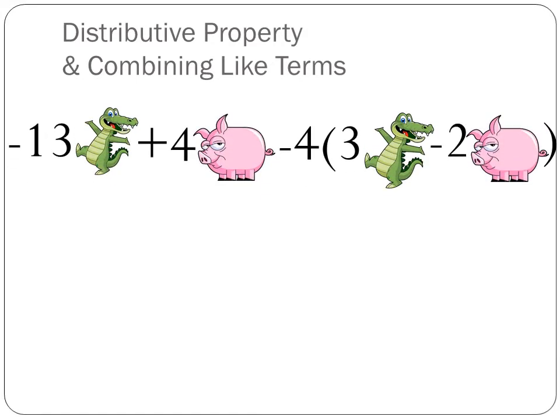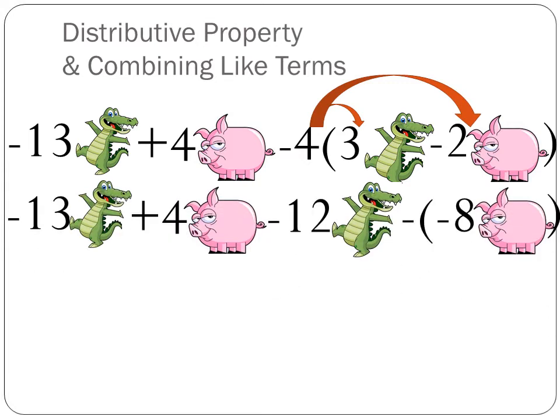Let's try this one. So I have negative 13 dragons plus 4 pigs minus 4 times 3 dragons minus 2 pigs. Remember, the distributive property tells me I have to multiply everything inside the parentheses by what's right outside of the parentheses. Meaning, I'm going to multiply negative 4 times 3 dragons and negative 4 times negative 2 pigs.